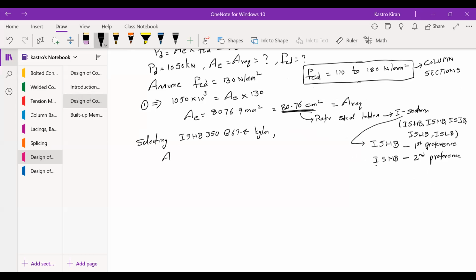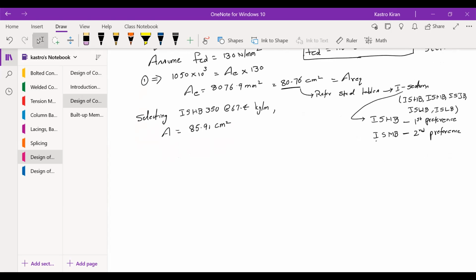It has an area of 85.91 square centimeters. But how much do we have to provide? We have to provide only 80.76. You can provide greater than that. You should always provide greater than 80.76. Never select a section which has an area less than 80.76. Therefore, 85.91 is the area of ISHB 350.